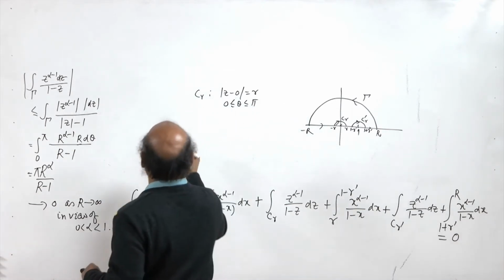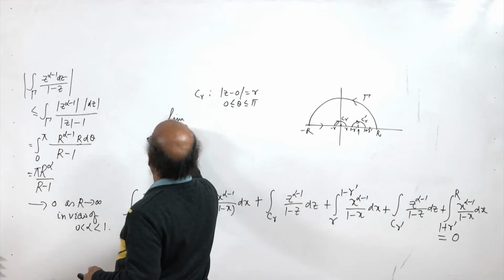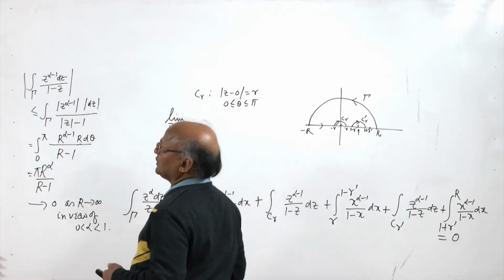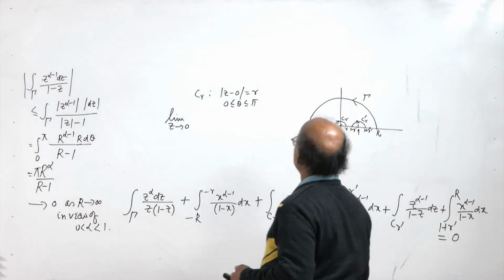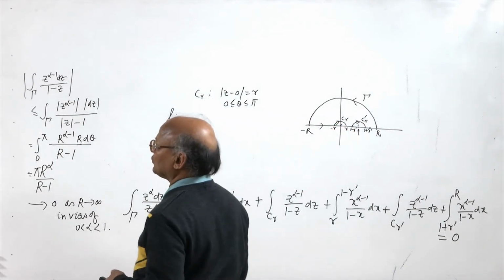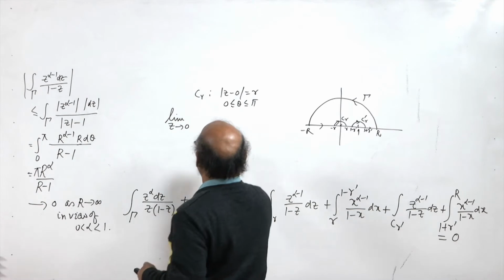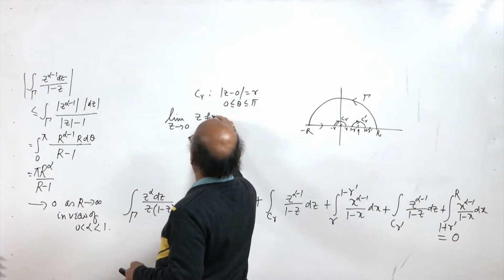Let us see the limit here. So, limit z tends to a means z tends to 0, because it is the circle with center at 0. So, limit z tends to 0, z minus a means z times f of z.